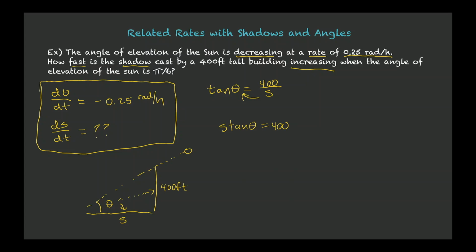And then to avoid a product rule, I'll divide both sides by tangent. We get s is equal to 400 over tangent. And the nice thing about having tangent in the denominator is that it just turns into the reciprocal of tangent, which is just another trig function, and we know that is cotangent. Okay, so there is a relationship between the length of the shadow s and the angle theta of elevation.